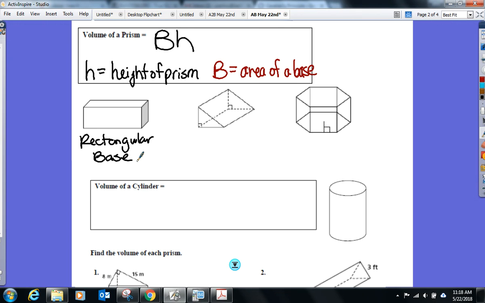So here it would be a triangular base. And what about this figure here? Hexagonal base, yep. So when we find the volume, you're going to find the area of the rectangle, the area of one triangle, the area of one of the hexagons.